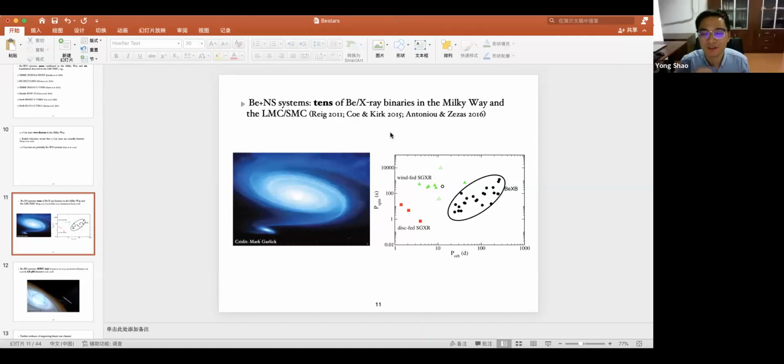Yes. I can say that in our calculations, we have a definition for the Be star. We defined the Be star as having a mass of 3 to about 22 solar masses, which corresponds to a spectral type range of about A0 or B9 to about O9. From the observations, yes, there's a peak in the range of B0 to B3.